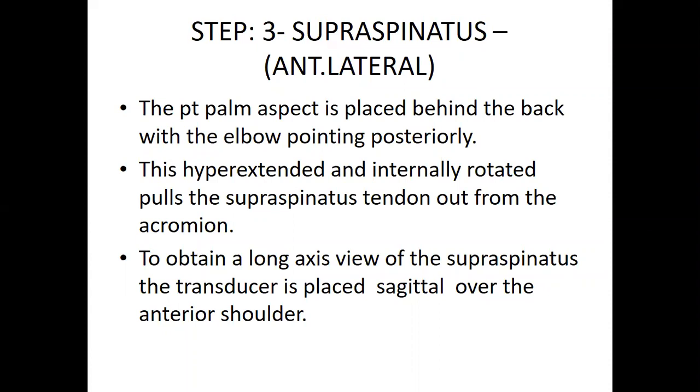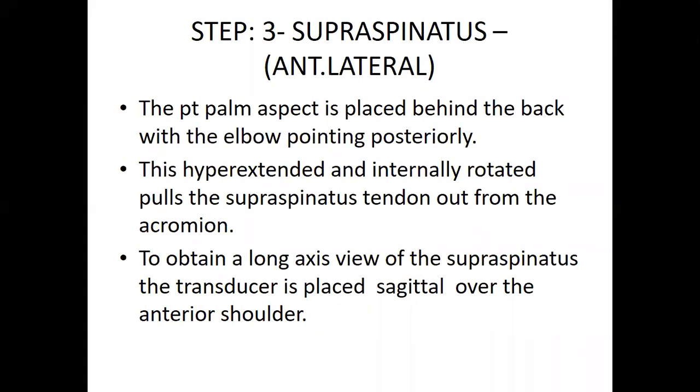So step 3, like I mentioned, we are looking at the anterior lateral, and this is where we want to appreciate the supraspinatus tendon out of its acromion position. So this hyperextension that I mentioned, where the patient's palm has to be put on the back with the elbow pointing posteriorly, our target is the supraspinatus tendon, nothing else.